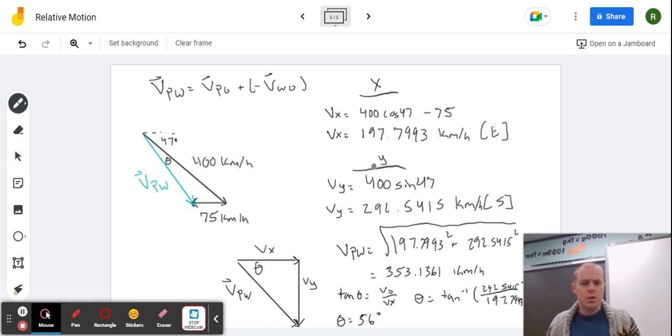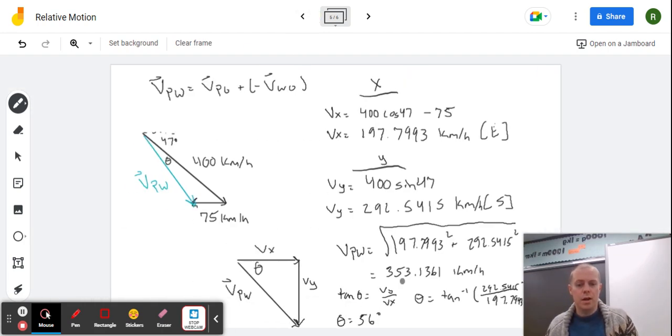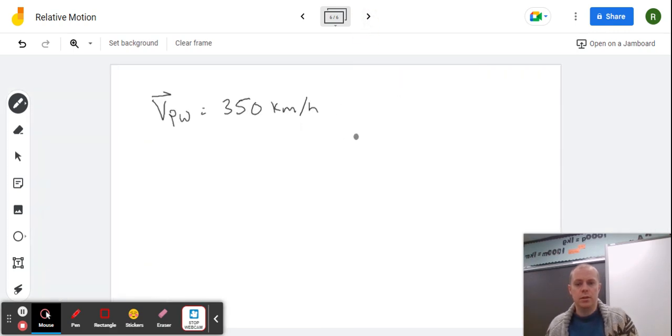Okay. So we put it all together, and we get that the speed of the plane is 350 kilometers per hour, and our angle is south of east. So 56 degrees south of east.